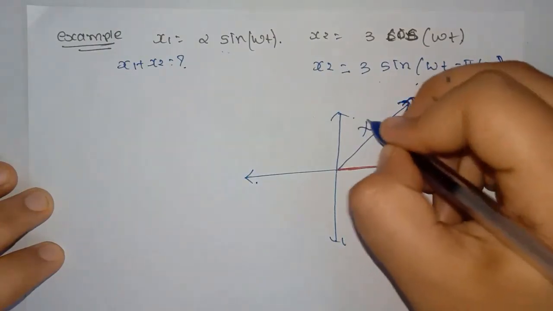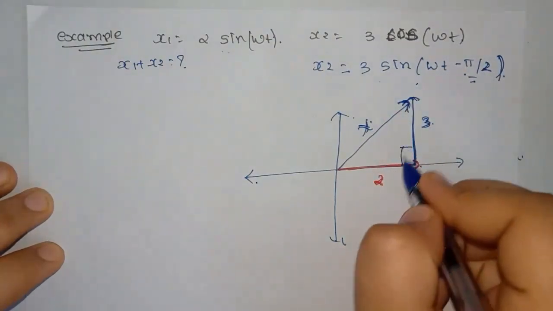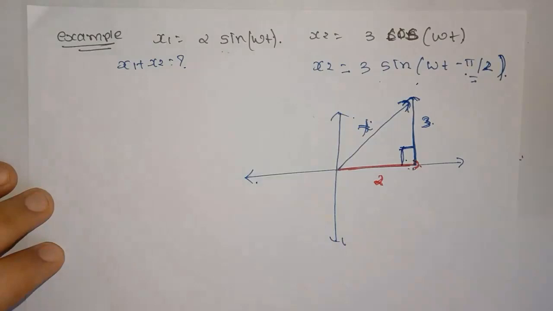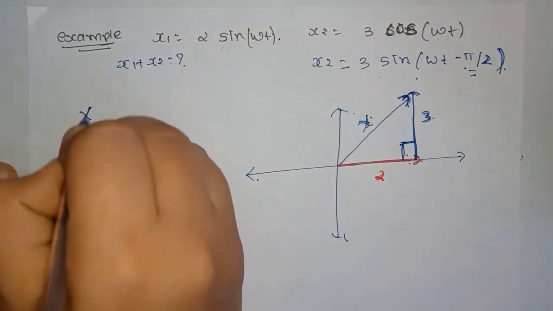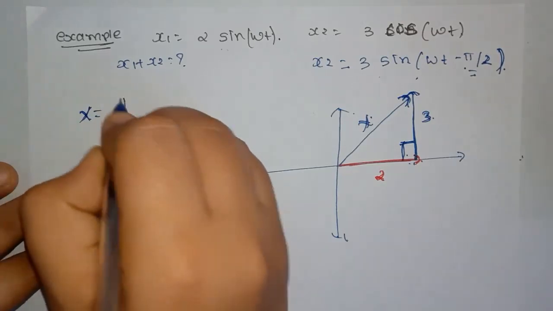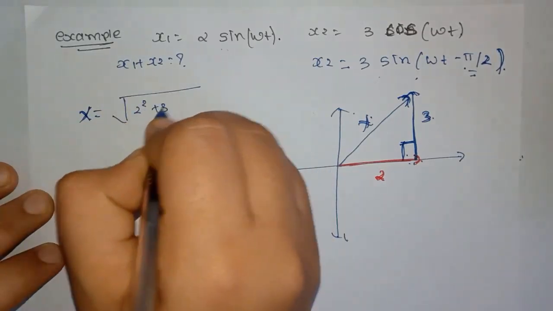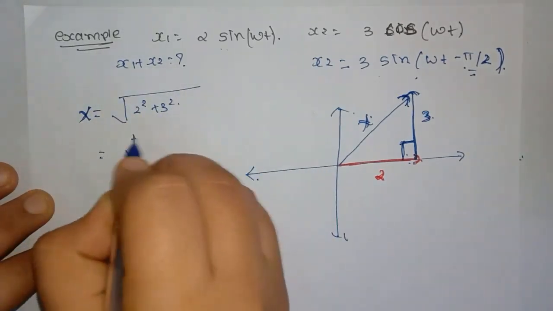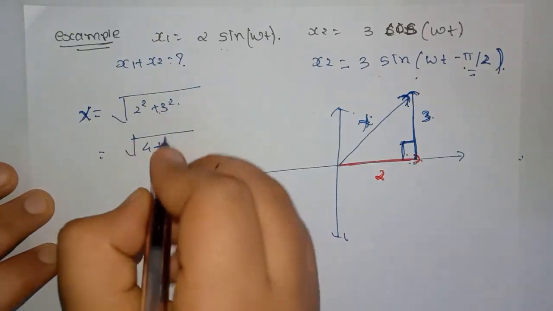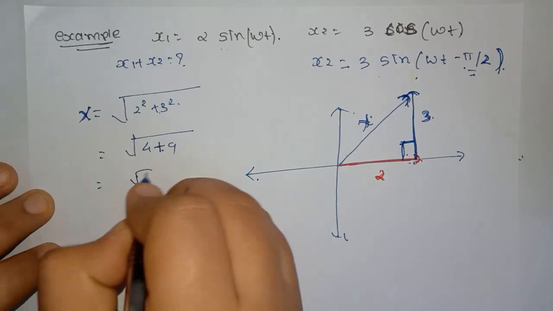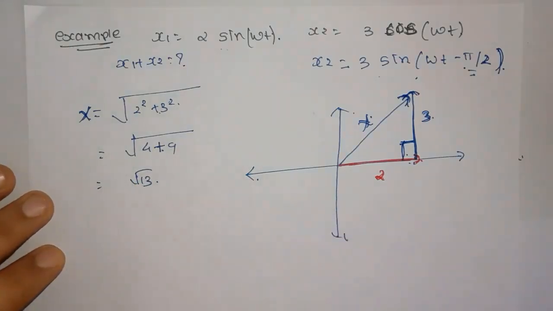This will be the resultant x. So the magnitude of x will be equal to the square root of 2 squared plus 3 squared, that is 4 plus 9. So x will be equal to root 13.